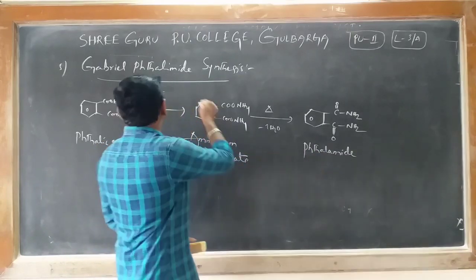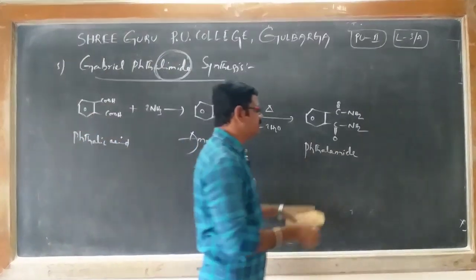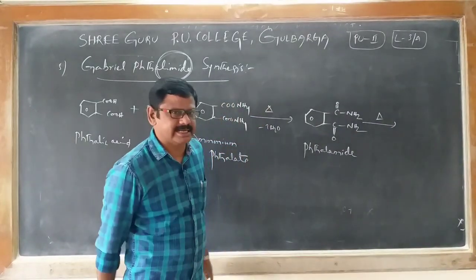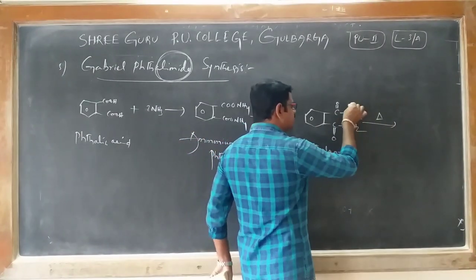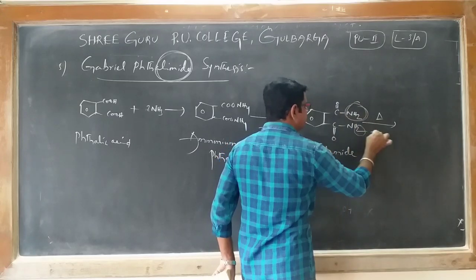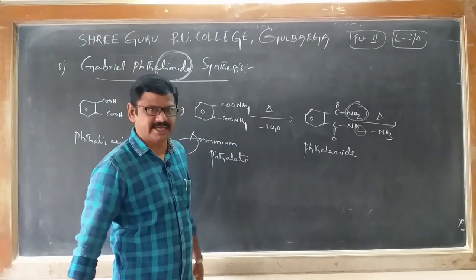But we need phthalimide. This phthalamide is heated again, in excess. Then NH2 from one side and H from the other are eliminated as ammonia.